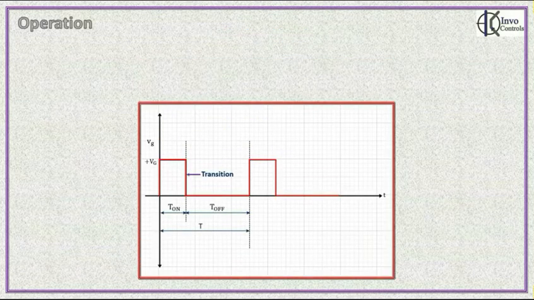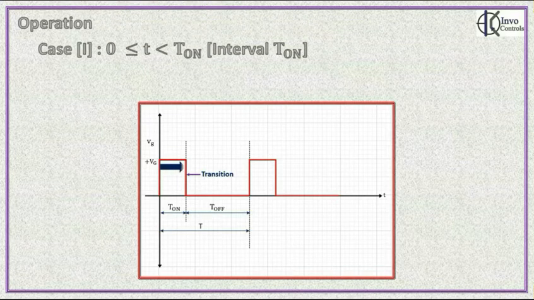Now let's go into the operation of the flyback converter. The operation of the flyback converter can be analyzed in two intervals. The first interval, as you can see on your screens right now, is the T-on interval, where we consider operation during the interval from 0 to T-on, T-on not included.